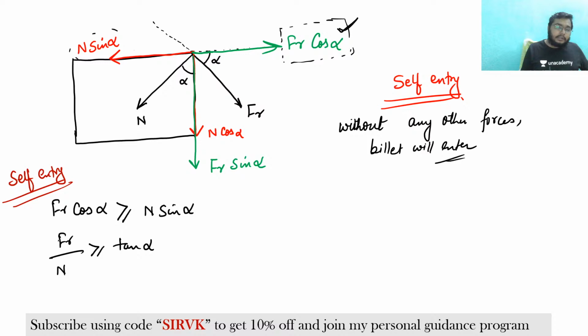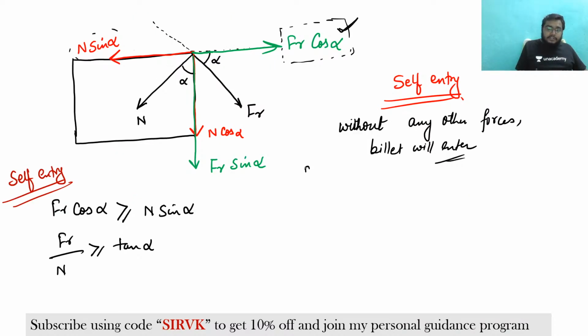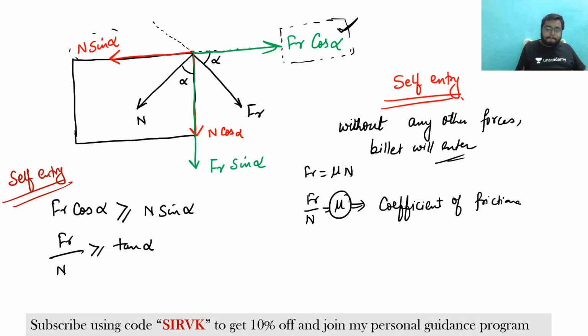Now see here, this is the N, and this is the frictional force. You know that frictional force is nothing but mu into N. That is, frictional force by N is equal to mu, where mu is the coefficient of friction.